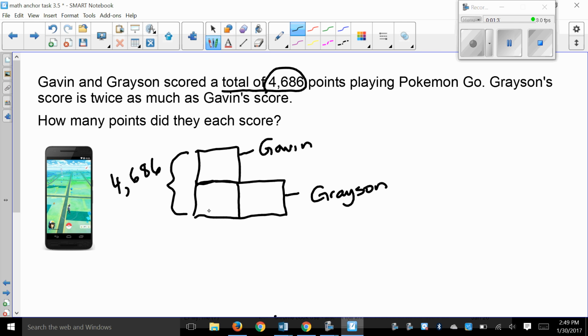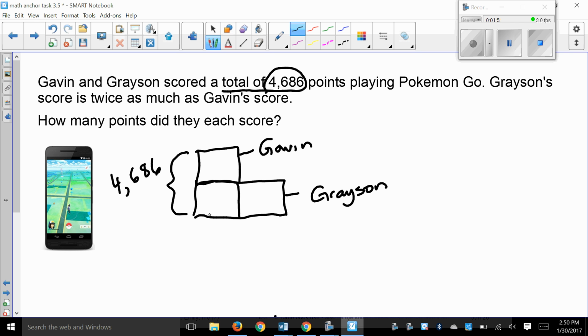Now, if all three of these parts equals 4,686, I can find out how much each part is worth, or what the value is of each one of these parts, by taking my 4,686 and dividing it by 3.